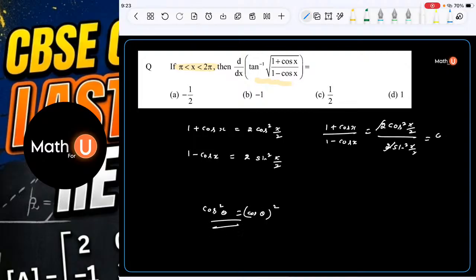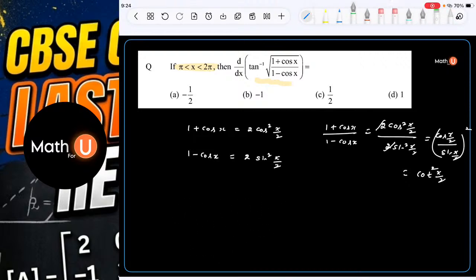It can be rewritten as cos x by 2 by sin x by 2, whole square. We know that cos theta by sin theta is nothing but cot theta. We use the same here. This is nothing but cot x by 2 whole square, which I will simply write as cot square x by 2.